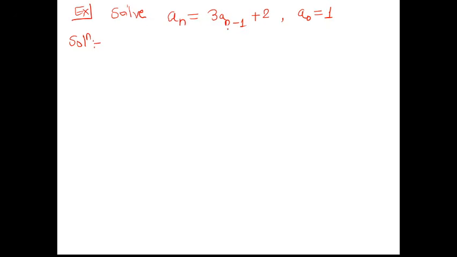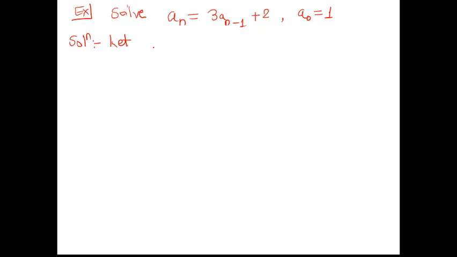So I repeat, the lowest augmented term is n minus 1, which becomes 0 when n is equal to 1. Therefore, to get the solution of this recurrence relation using generating function, we'll multiply by x raised to n on both sides, and the summation will take the value from 1 to infinity.